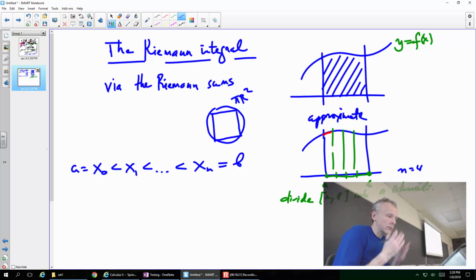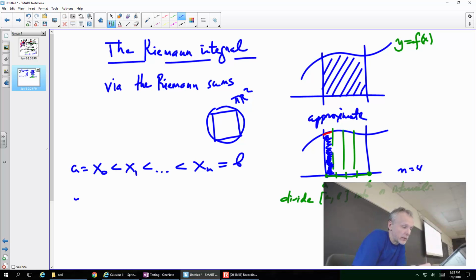Okay, and then what's the next step? So we have this, and what I have is we approximate the area under the graph with the sum of the areas of those rectangles.